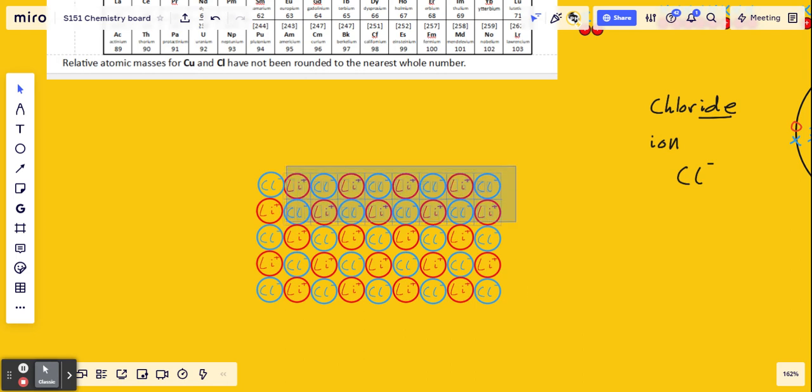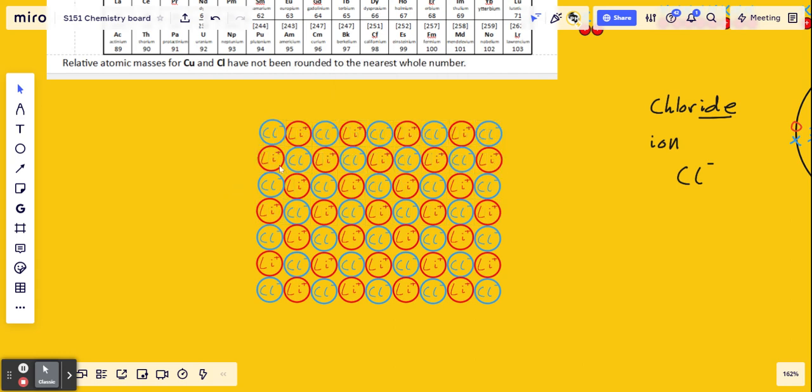Now this is different to covalent bonds, which we will look at, in that these lattices, by definition, that's kind of what a lattice means, have no real end to them. I could always make it bigger and so on.